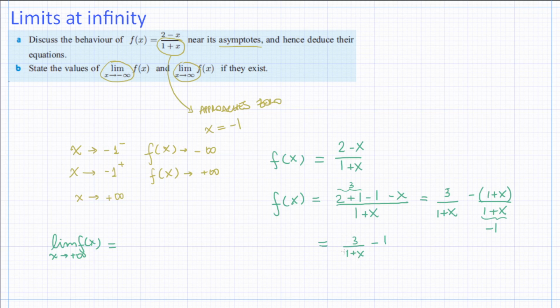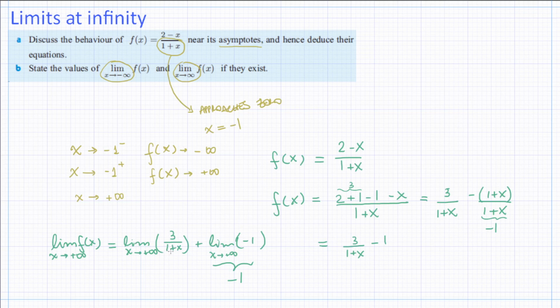We can split this limit into the limit of each of those pieces. So we can do the limit of the first part plus the limit of the second part. We can just add the limits. And just as I showed you in the previous example, the limit of a constant when you approach anything is the constant itself. So this would be negative 1.